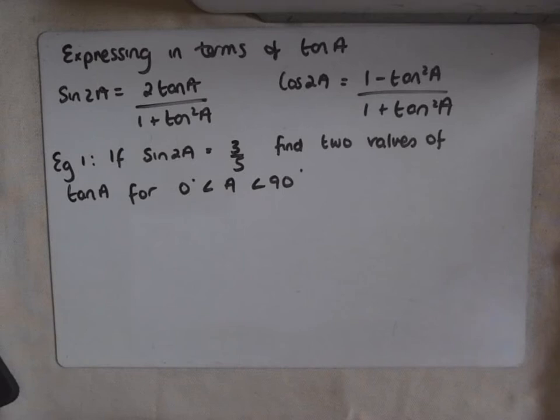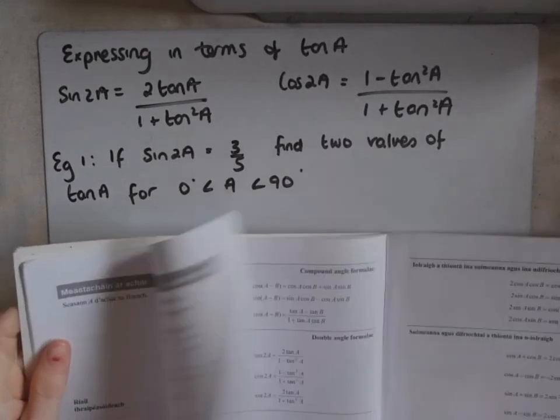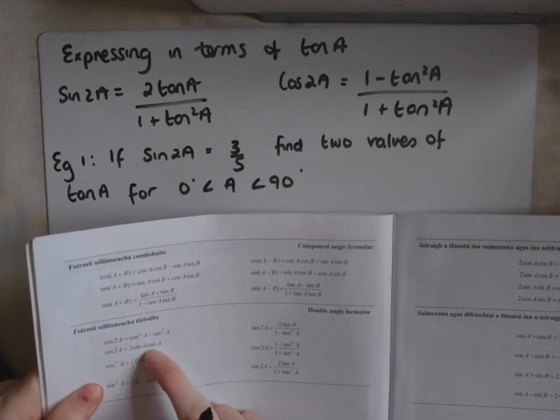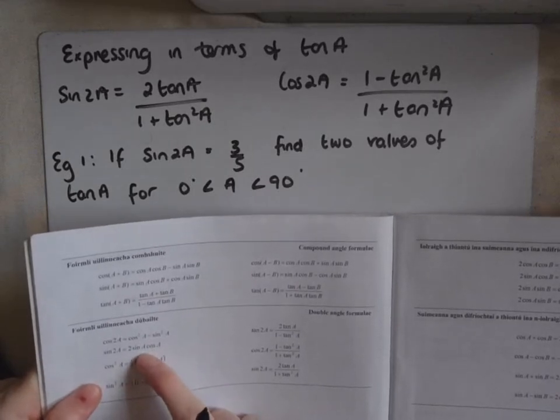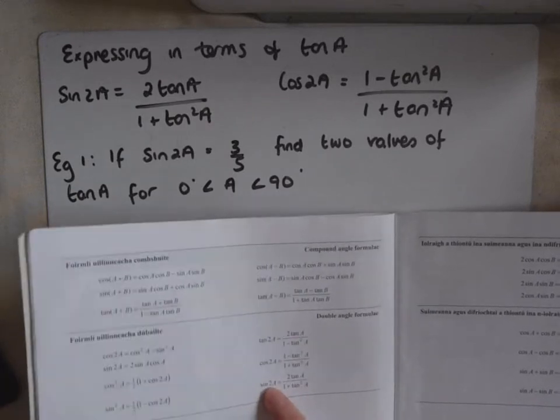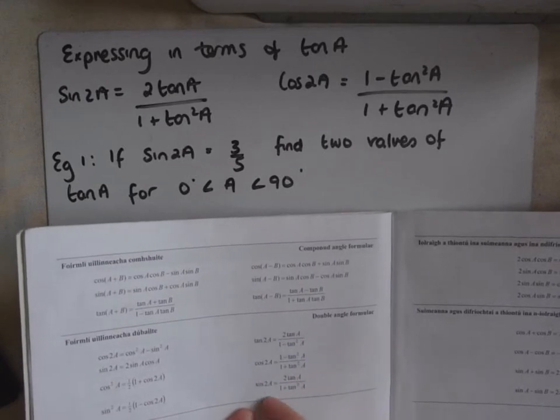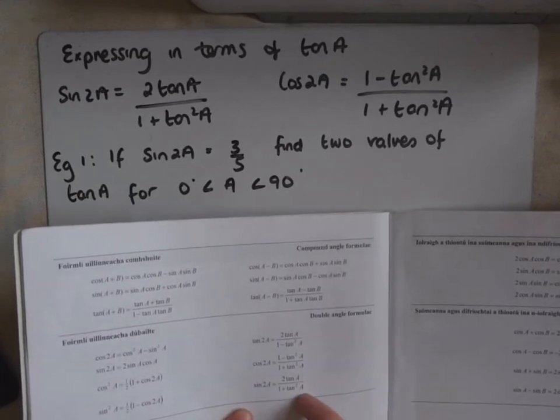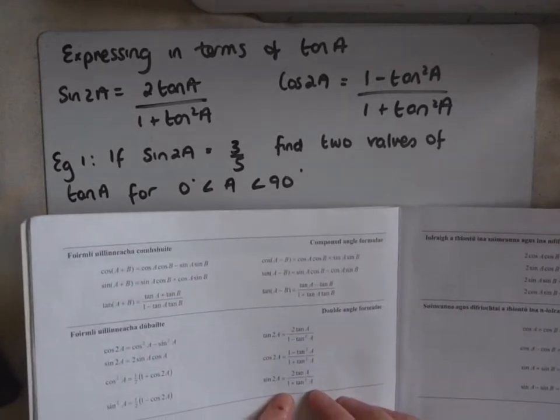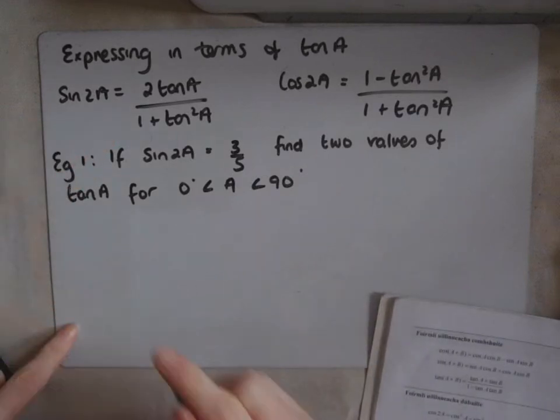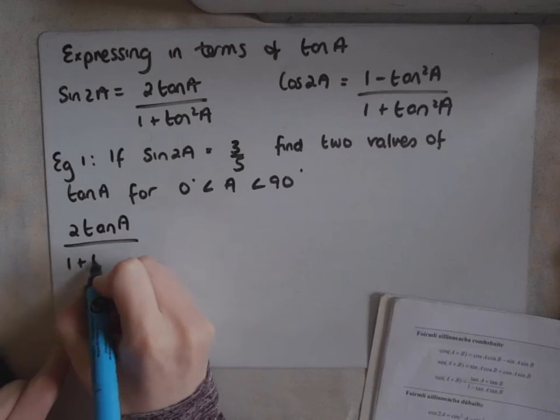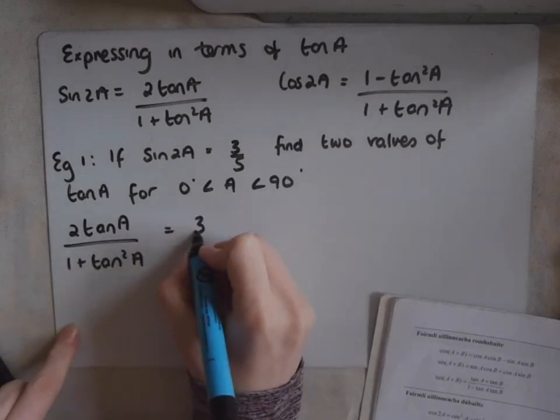So sine of 2a, if I go with what I did the last day, I can only use 2 sine a cos a. So that's not actually going to help me because the question is asking for tan. So I'm given sine of 2a and I want tan. So you're going to replace sine of 2a with your formula that includes tan in it because we've got tan in the question. Okay, so this is my formula for sine of 2a. So let's just replace that. And that's equal to 3 over 5.